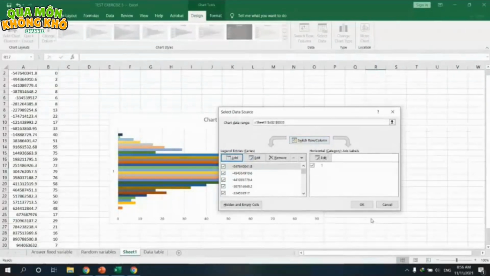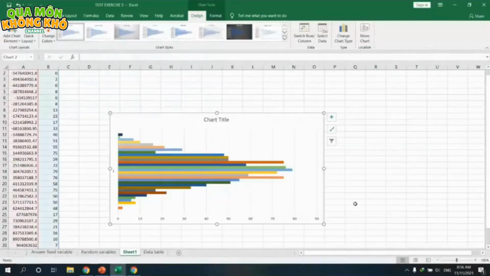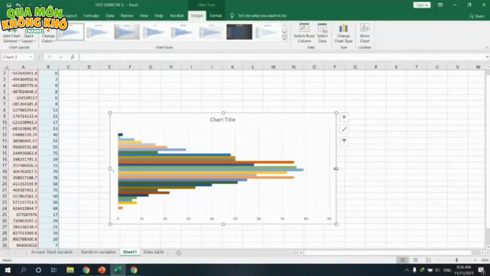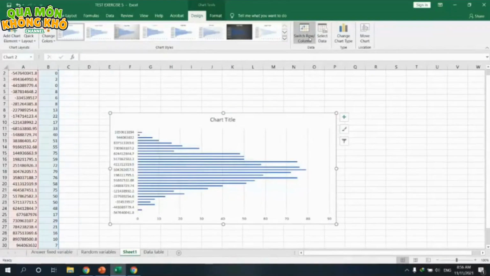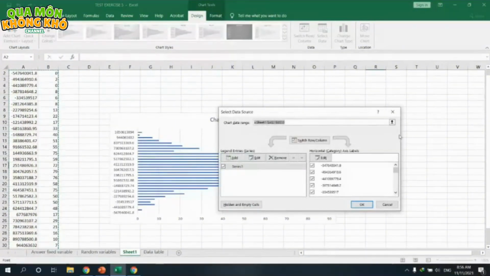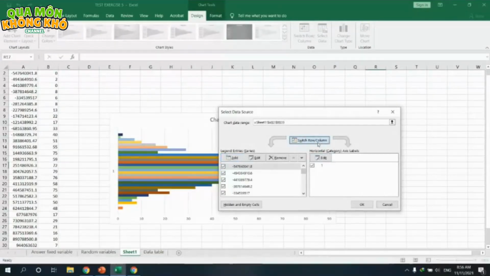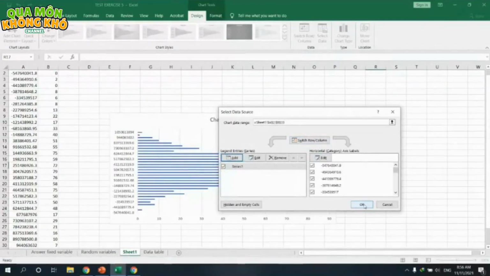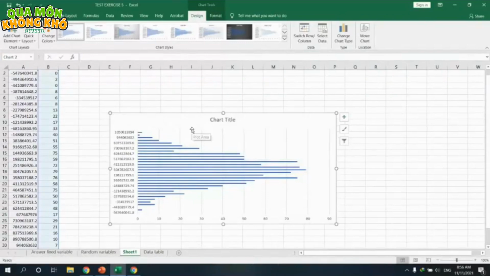Yes, switch. You switch the horizontal and the vertical of the chart back to normal.